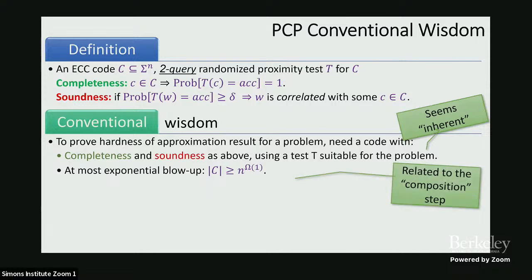But the other is a bit more technical in nature. Unfortunately, I'm not going to be able to fully tell you why it's necessary. This is related to a step in the proof that's called composition, where you take some PCP, you take your tester, and you combine them to get something nice. And when you look at it, you see that you don't want this blow up to be too much.